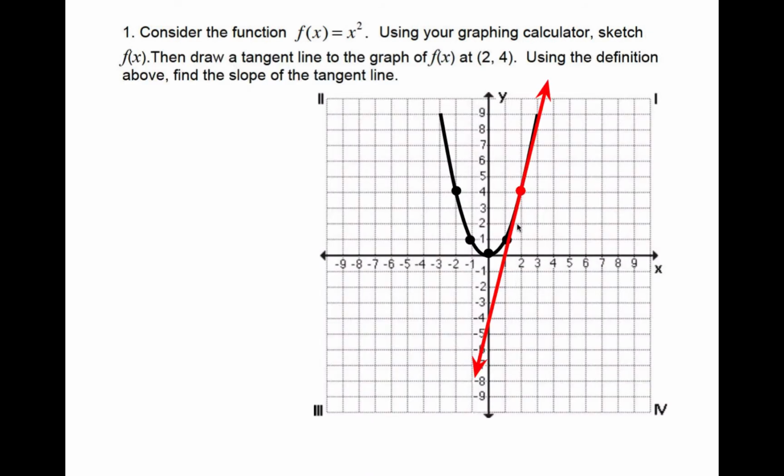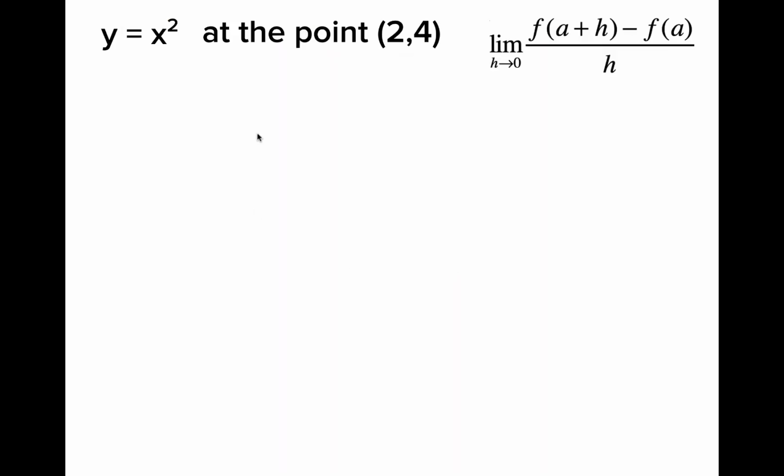Notice this is going through the graph at that one point. Now we're going to talk mostly about this red line from now on. The goal is to find the slope of this line and eventually the equation of that line. Notice it's just a sketch, so this could be completely wrong. So we want to use math to make it absolutely correct. So this was our equation, x squared, that we graphed.